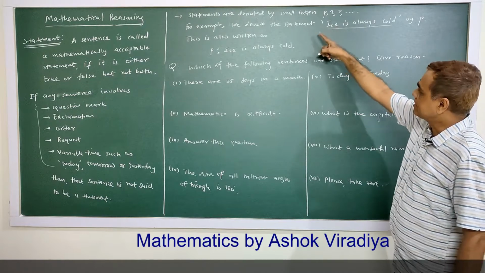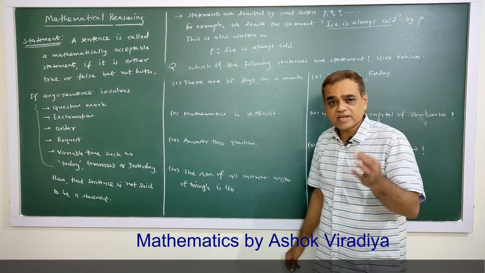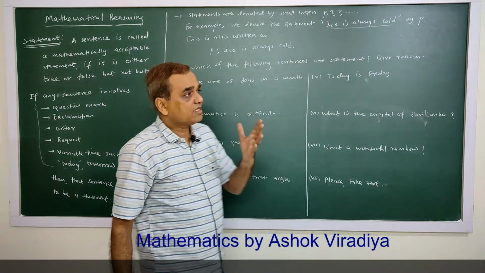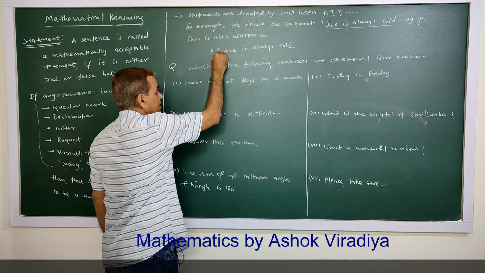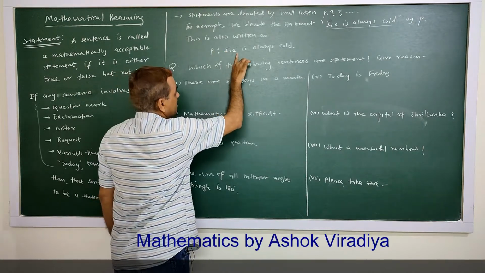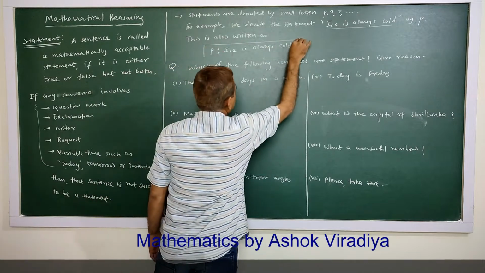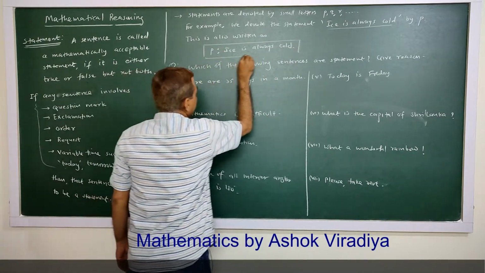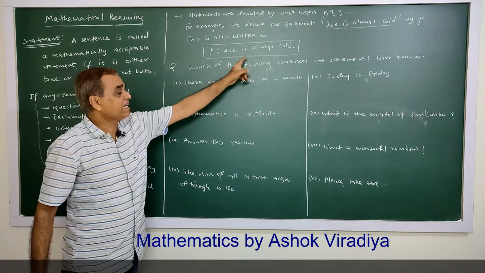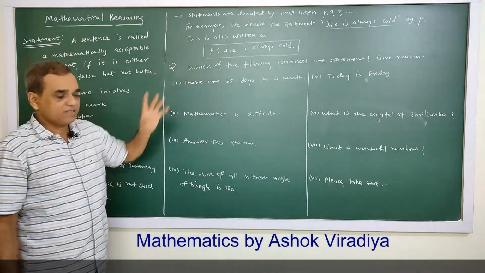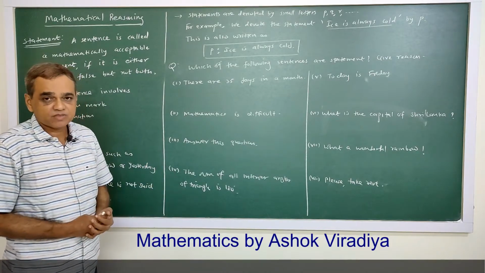This is a statement. If we denote it by p, then it is written as statement p: ice is always cold. So this is the method to represent a statement by notation. That means this is the label, the name of this statement. p, q, r, these symbols are used.